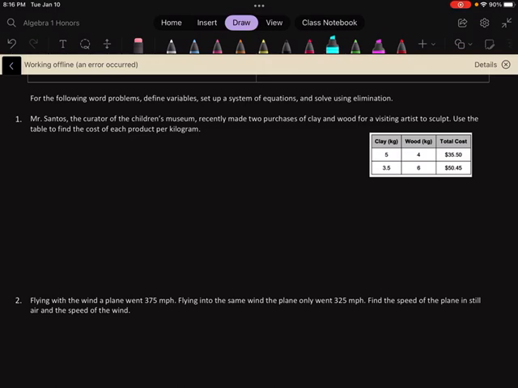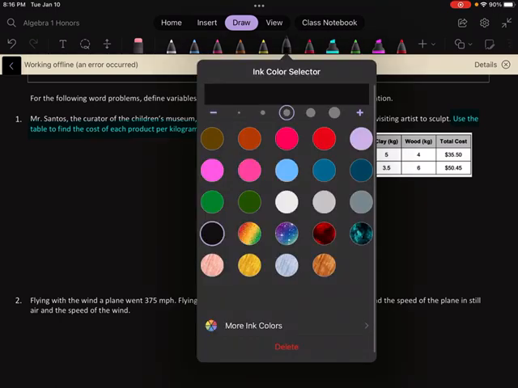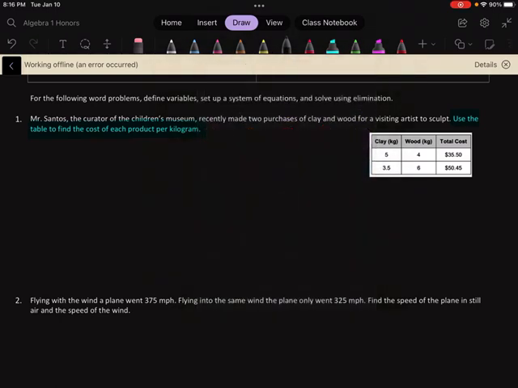So that, remember I said this, I think back in Unit 3, I said the question, it's really not the question, but it's asking us to find the cost per product. So we have to assign our variables, basically, as the cost per product. So, X, what products do we have? Clay and wood.